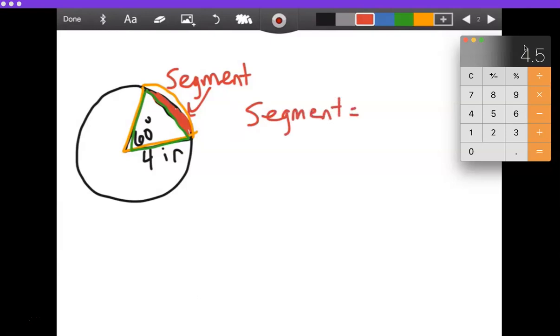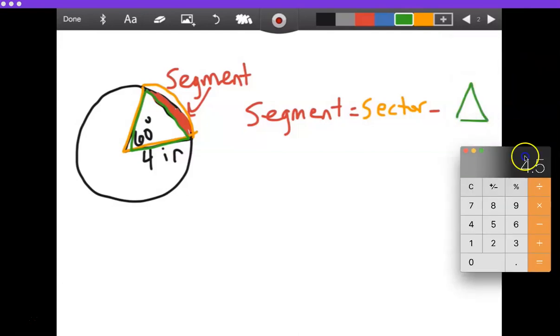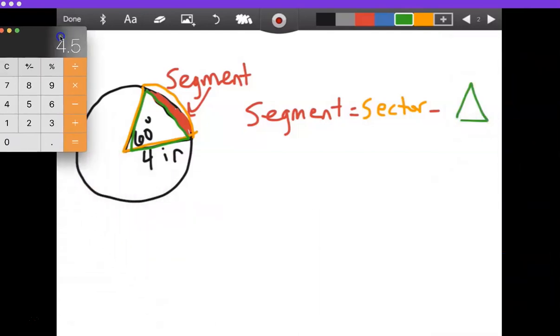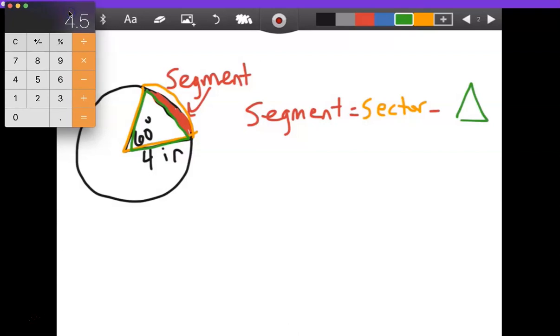is to take the sector, which I just showed you how to find, and subtract the triangle. The sector minus the triangle will give me the red pizza crust, what's left over.